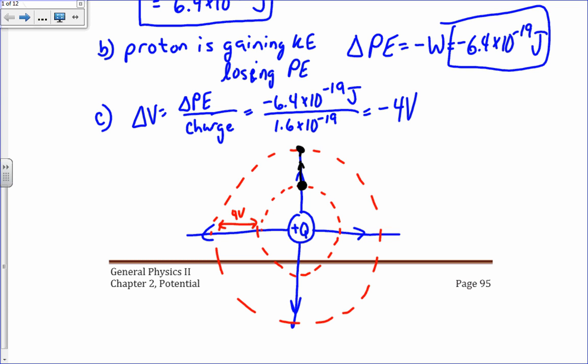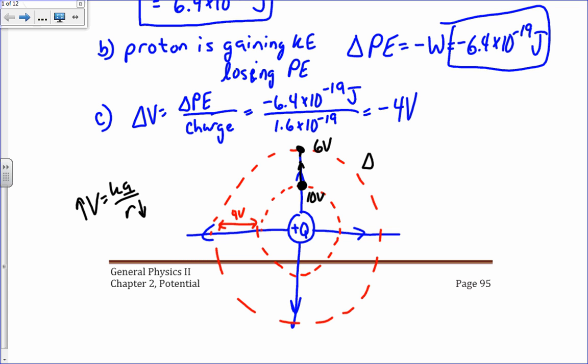Now I know that in order for it to move there, the field acts on it, and it has this change in potential energy, which is because of this change in the potential. Now, I also know that V is equal to kQ over r. So closer in to the charge, I'm going to have a bigger voltage or a bigger potential. So if r goes down, V goes up. So let's say if this is 10 volts, then out here, this has to be 6 volts, because it's lower.